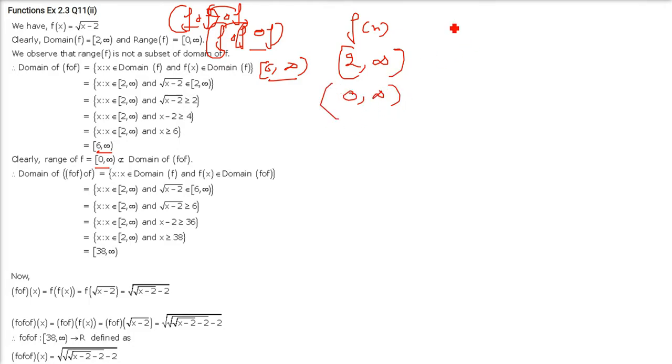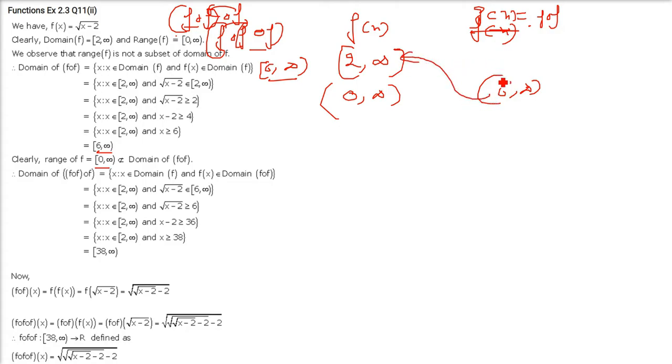Now when we come to fof, I already told you the domain of fof was 6 to infinity. f(x) domain is 2 to infinity, fof domain is 6 to infinity. So let me write fof and just call it g(x). So it is a function g(x) which is fof, and the domain is 6 to infinity.